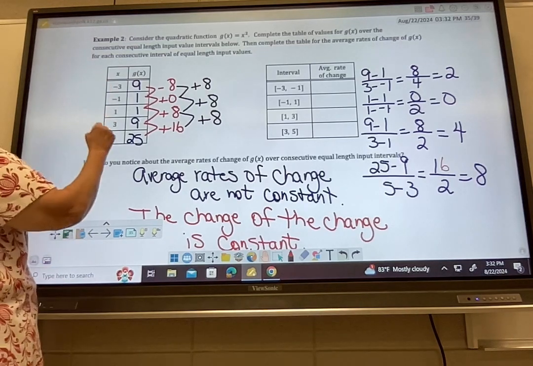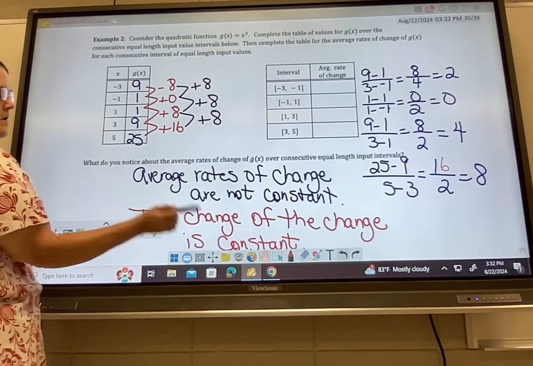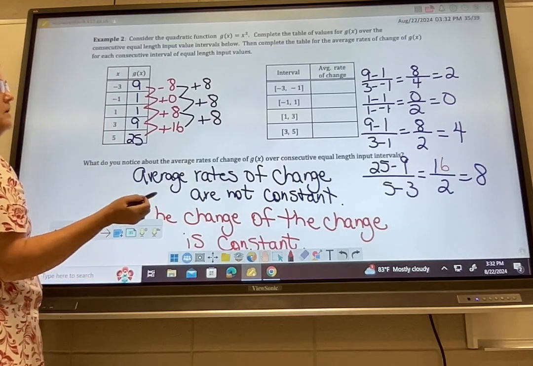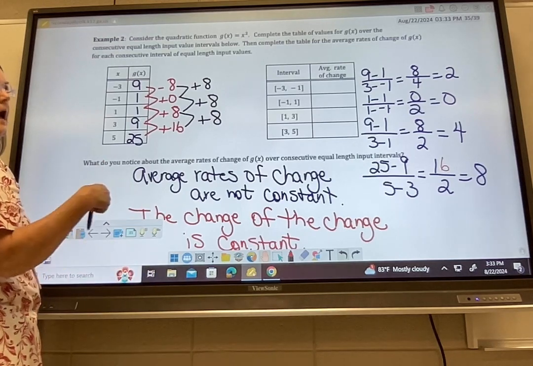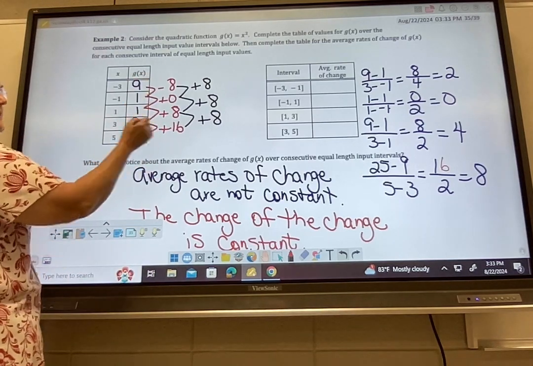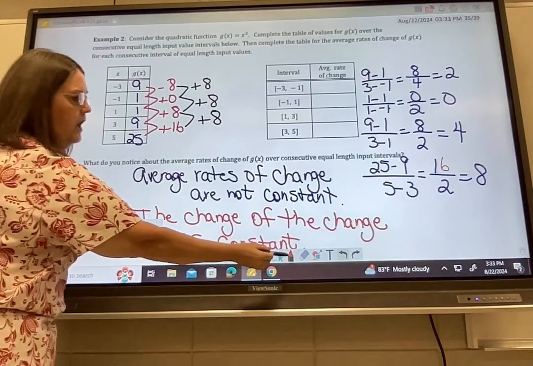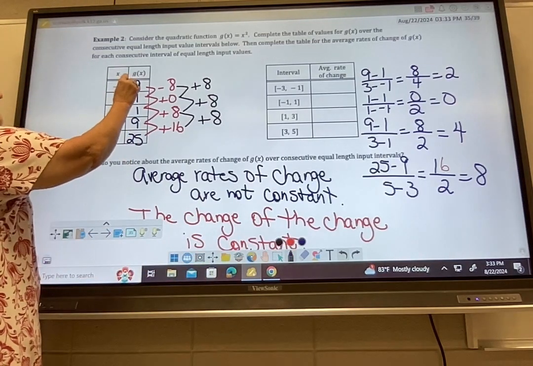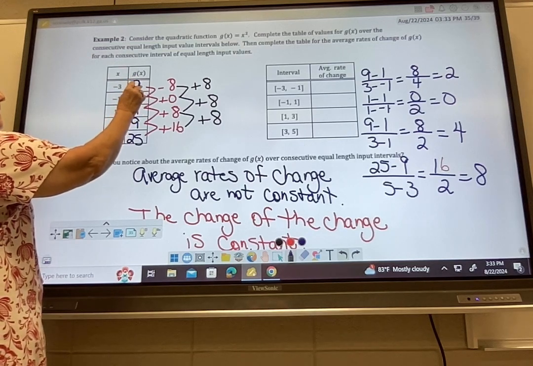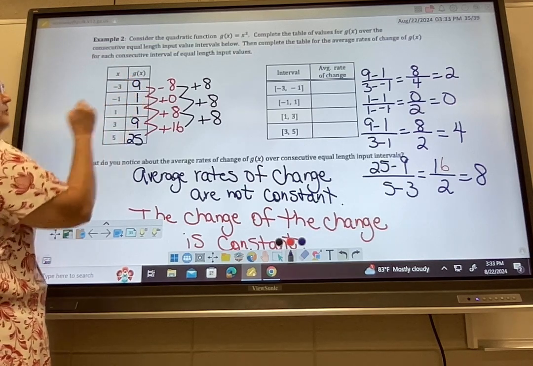Because my x's are equal measurements apart, I can just look right here and tell what's happening without doing the average rate of change, really.